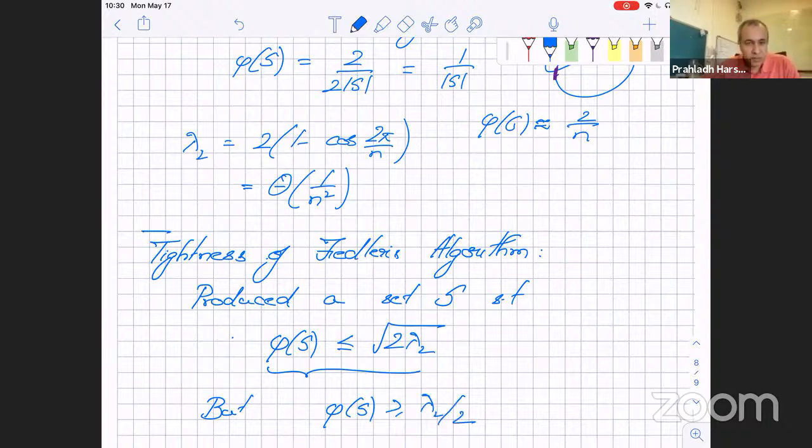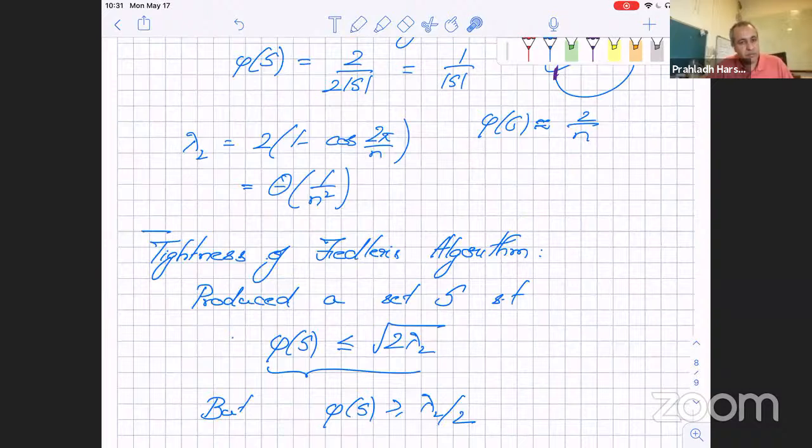Suppose it was a hypercube setting in which there was a very small cut close to this. Does the Fiedler algorithm give me a cut which is close to 2 square root lambda 2, or actually gives me lambda 2 by 2? So I gave the hypercube as the input graph to the Fiedler algorithm. There's a cut of size 1 over n. But is the Fiedler algorithm going to give me a cut of size 1 over n, or more like 1 over square root n?